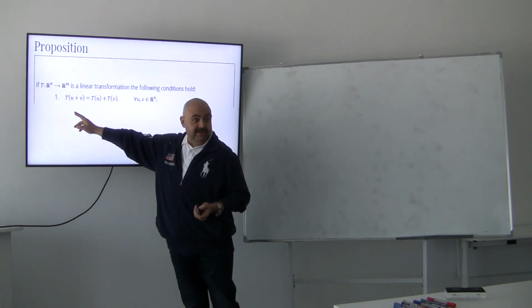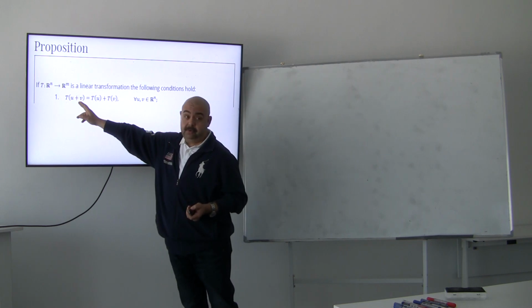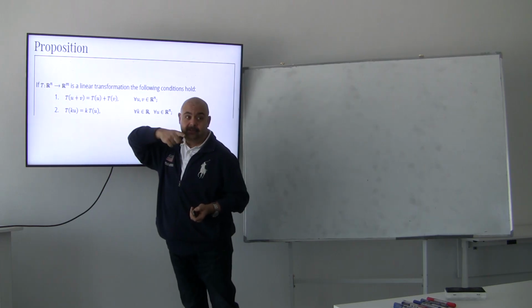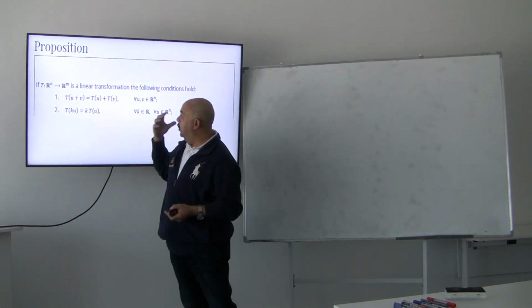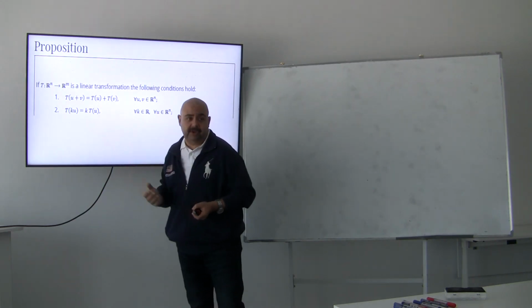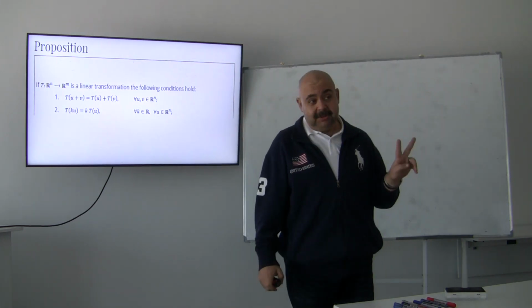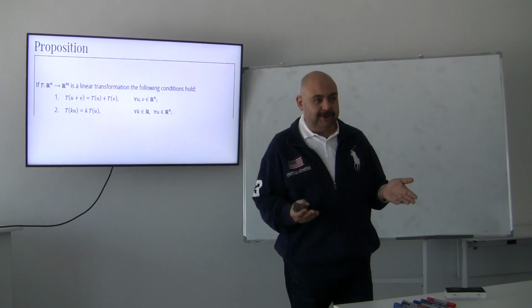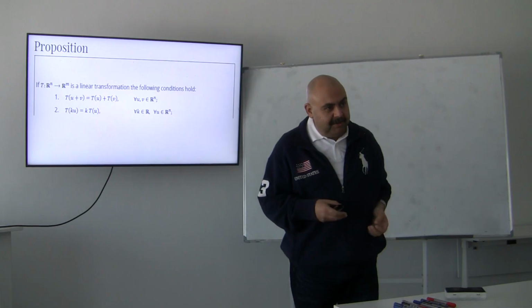A linear transformation on the following conditions is called... Do you remember this? For any transform admitting the addition process and the multiplication by scalar, we call it a vector space. So if you have a space for linear transformation admitting the two processes, which are addition for any two vectors under this vector space and multiplication by scalar, it will develop a vector space.